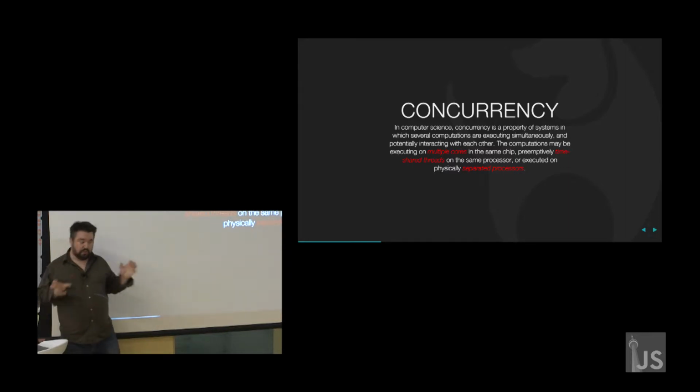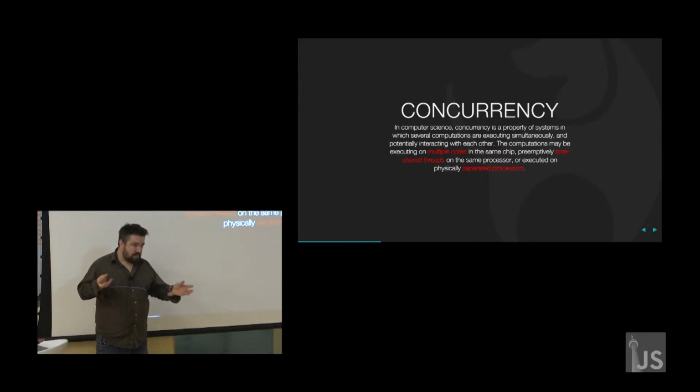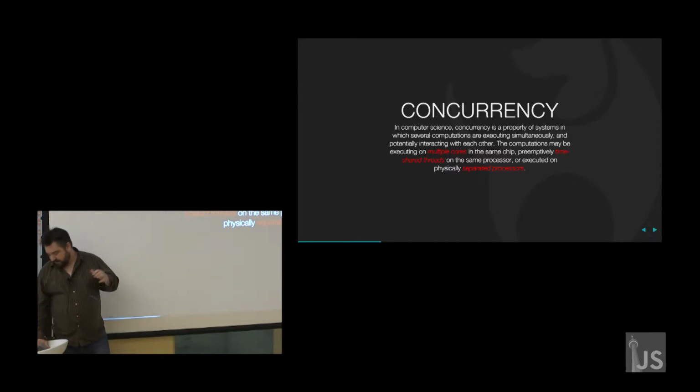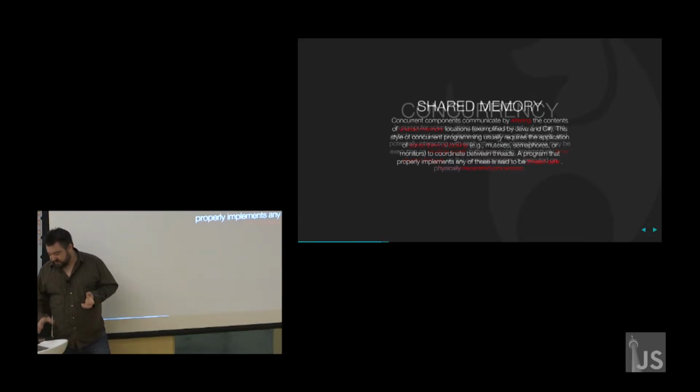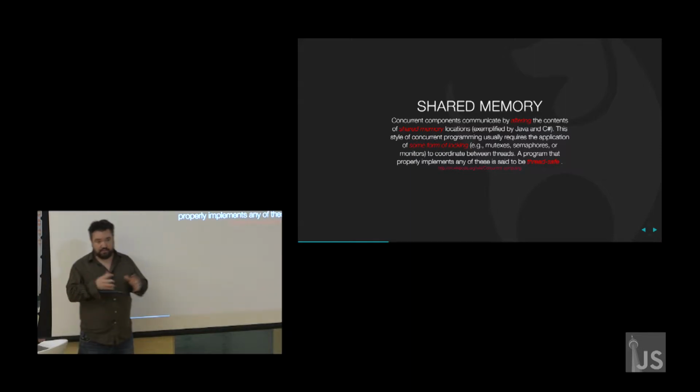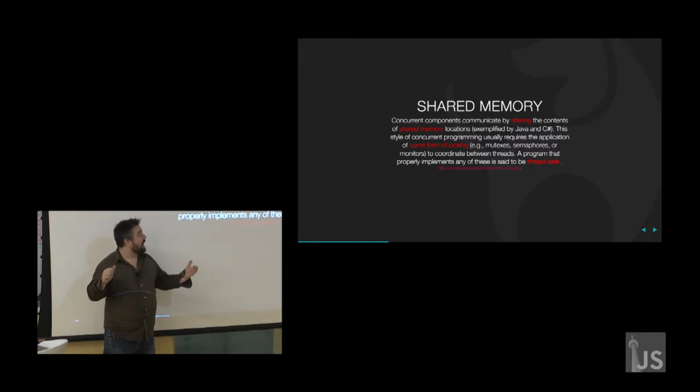And there are two competing ways of handling concurrency and communication. The first is shared memory, and it's one that everyone's probably familiar with. The idea that you'll have some shared location that you can interact with and alter.